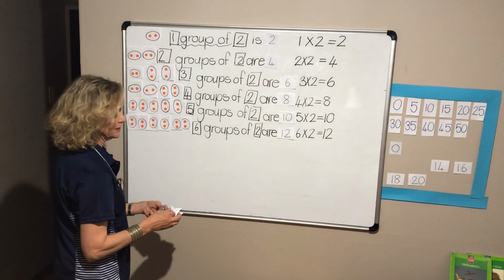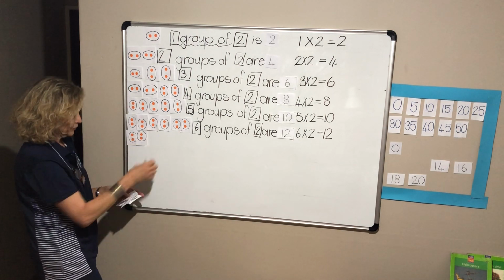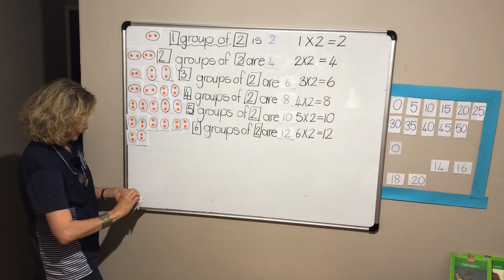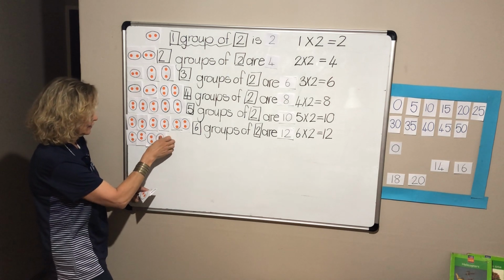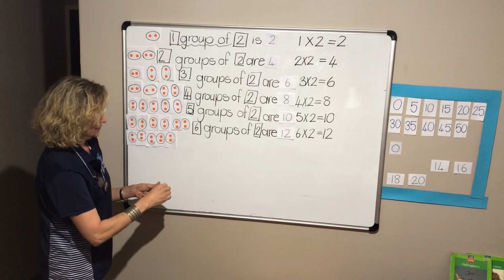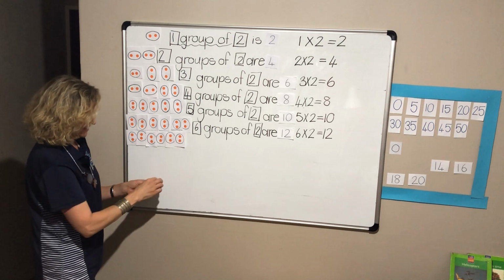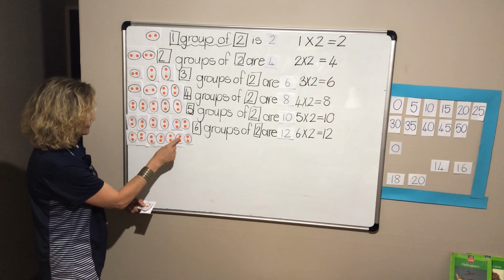After 6 comes 7. 1, 2. Oh, I see you can't wait. 3. Some of you are counting ahead of me. 4, 5, 6, 7. 1, 2, 3, 4, 5, 6, 7.